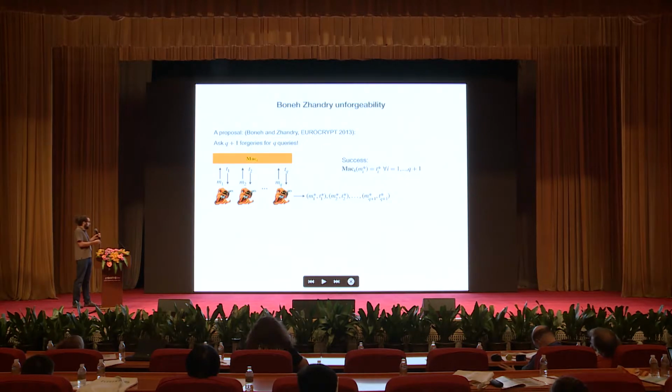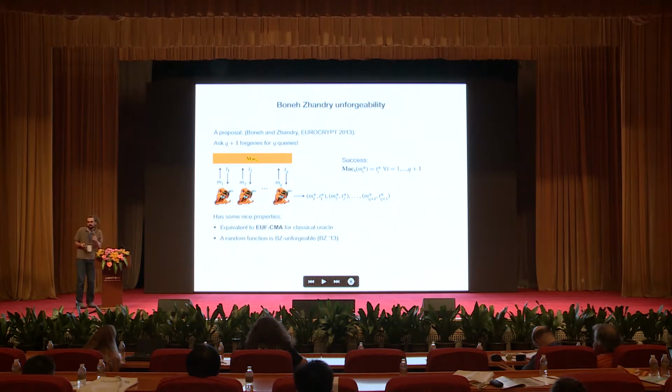So more formally, we have this version of the game where the adversary makes Q queries again, but then they have to output Q plus 1 input-output pairs. And the success is here defined by all of the Q plus 1 pairs being correct.